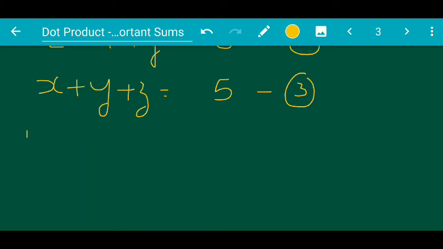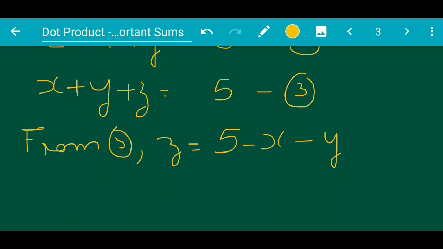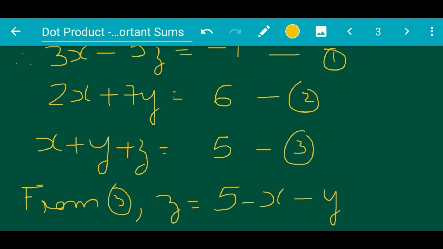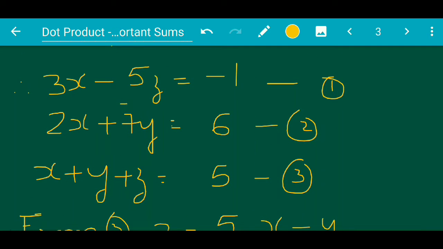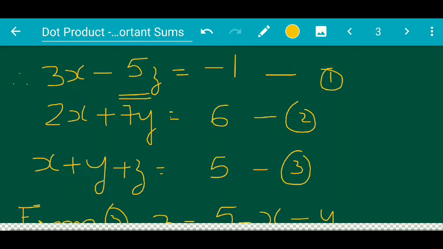So from equation 3, we have z is equal to 5 minus x minus y. Okay. Now where else is z present we observe. Now z is present in the first equation over here. Okay, if you can see what I've underlined, it is present over here. So we substitute the value of z in 1.